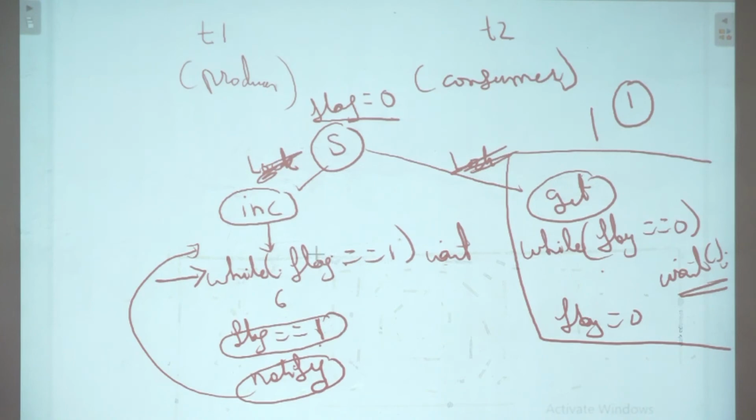And if the flag is 1, the producer will not produce. It is like saying, this guy will raise the flag, and until the flag is down, this guy can't produce again. This is what this loop guarantees.